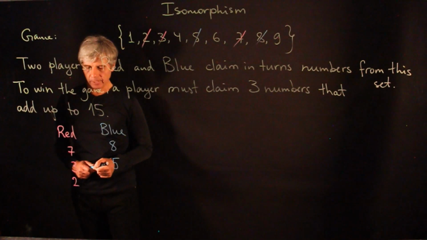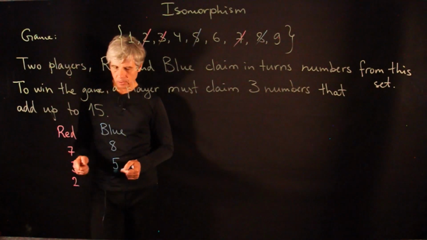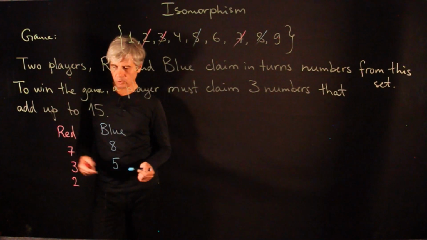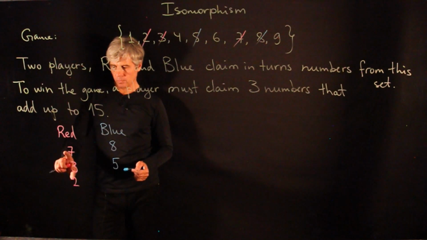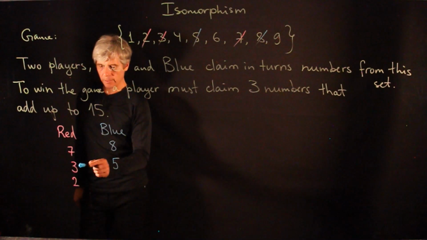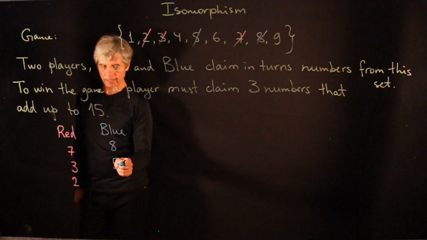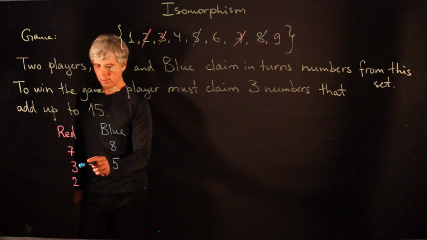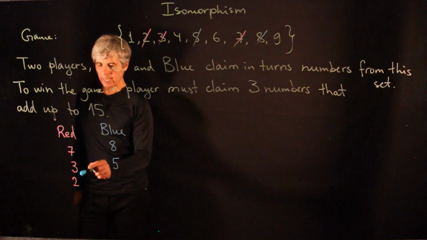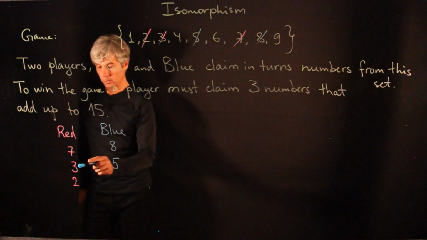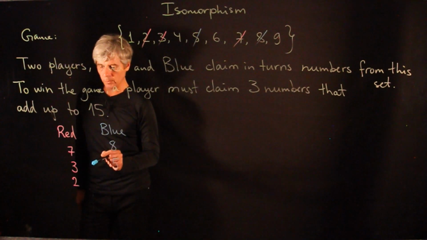Now what happens with red? Let's see if blue can not lose. There are the following pairs here. 7, 3 will require 5, but 5 is not available for red. 3 plus 2, that's 5, and 5 requires a 10, but 10 is not here. So this pair is also safe for blue.